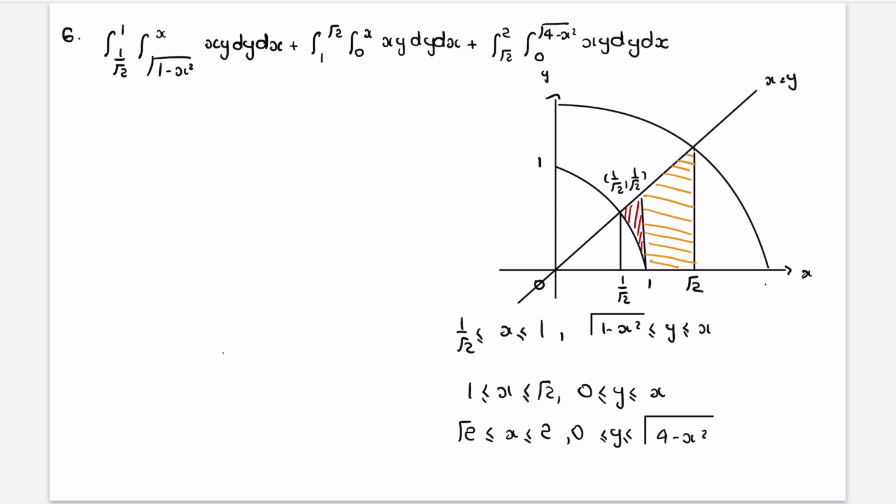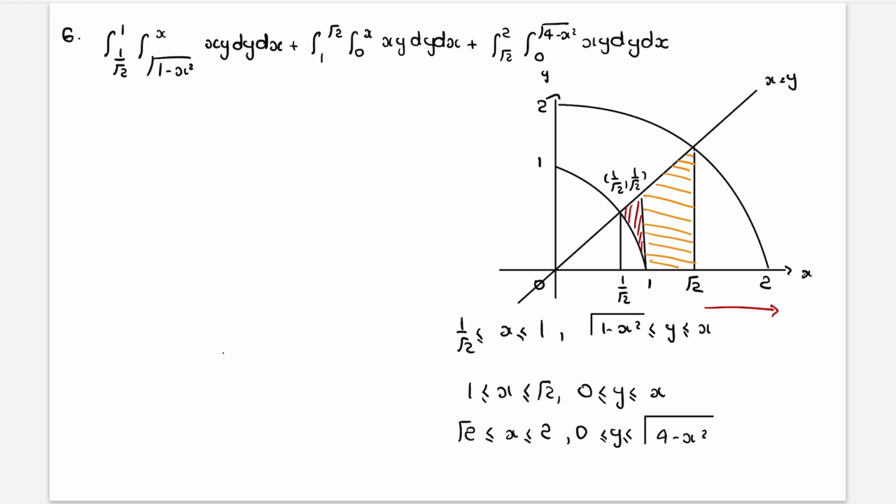It is 2. It is between root 2 and 2. So we can know that it is from here to here.